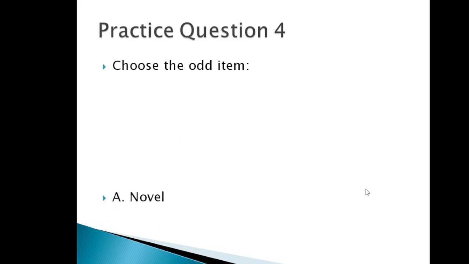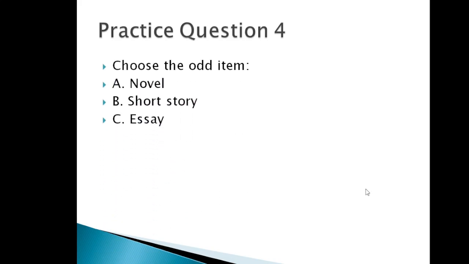Let's look at the last practice question before I take my leave. Choose the odd item. A, novel. B, short story. C, essay. D, personification. A novel is a long work of art that involves complicated characters, settings, plot, right?